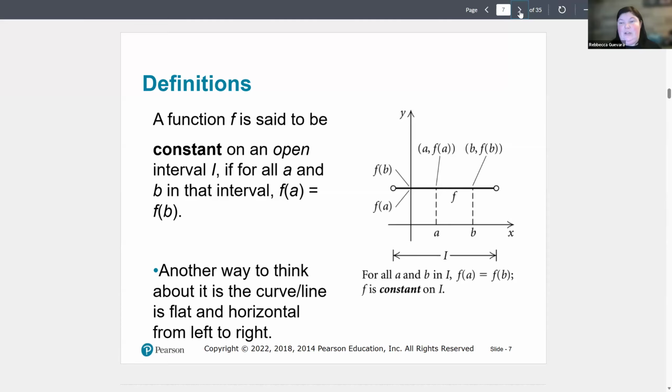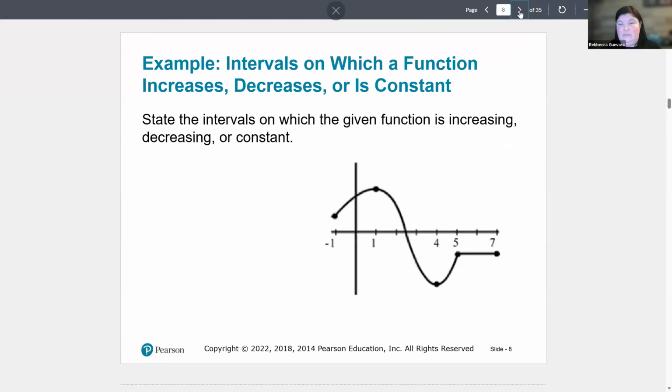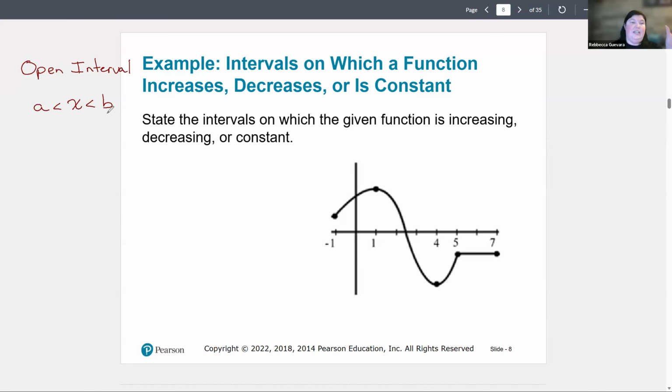So we'll explain an open interval here and why we need one. When we talk about an open interval, what we're saying is that we'll have an x value stuck between a and b. It can't equal a, it cannot equal b, it is stuck exactly in between. It's an open interval because it goes back to the idea of open points. When we say it's open, it means we approach it, but we don't touch it.